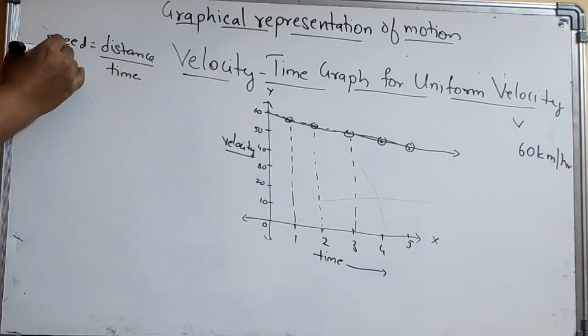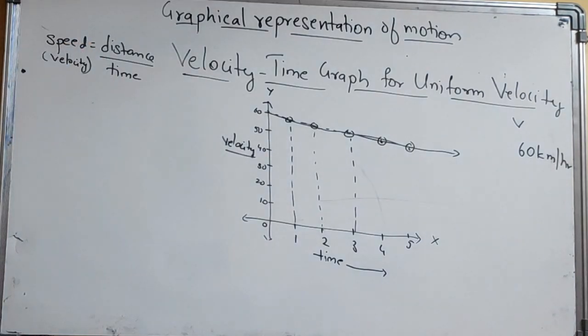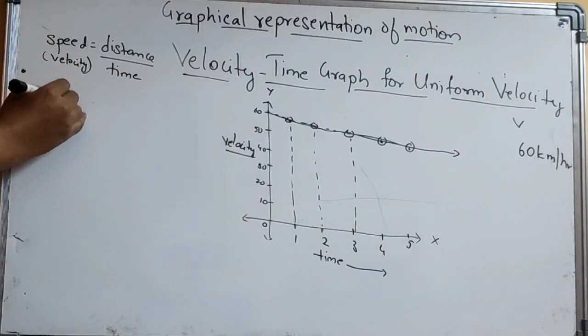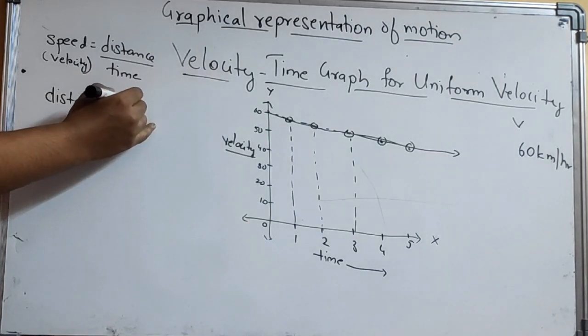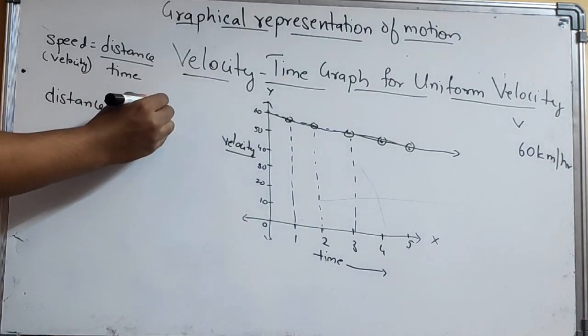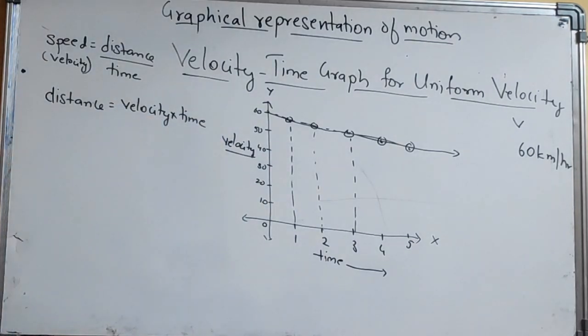Speed means velocity. So if you want to find out distance, the formula will change to distance is equal to velocity into time. So the distance will be velocity into time.